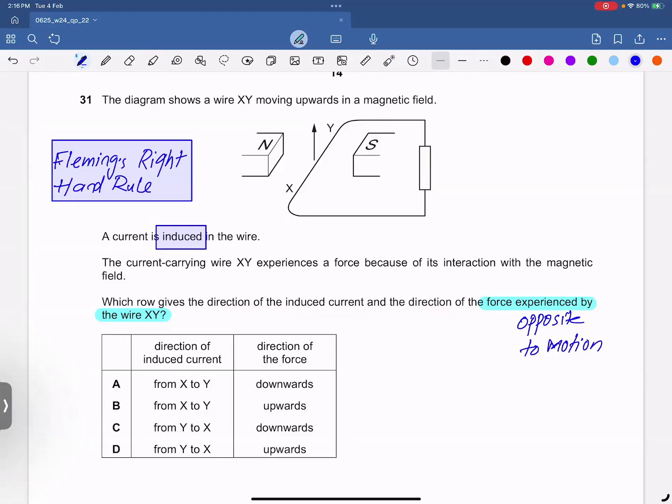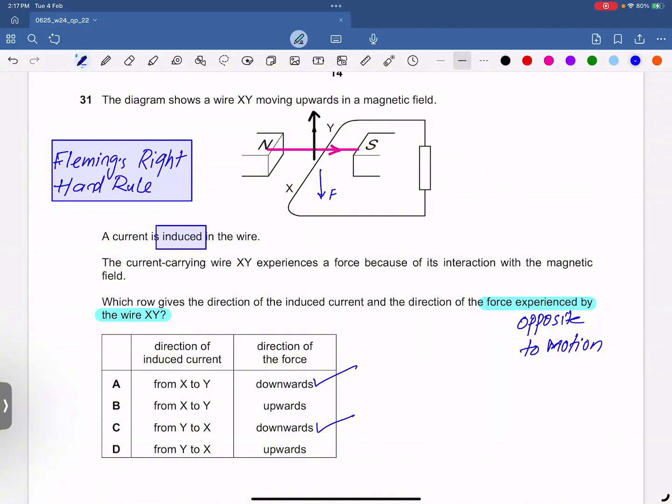So if the motion is up, the force will be down. Now I will apply Fleming's right hand rule to find the direction of induced current. I will use the thick lines, magnetic field, north to south. The motion is up.